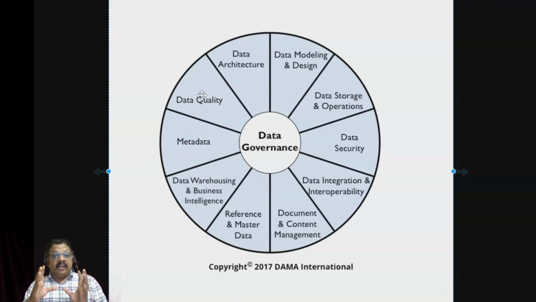So these are the 11 subject areas. Apart from this, we have 3 more topics. They are data management, ethics, and big data. So if you're planning to do CDMP, these 14 topics are to be learned.